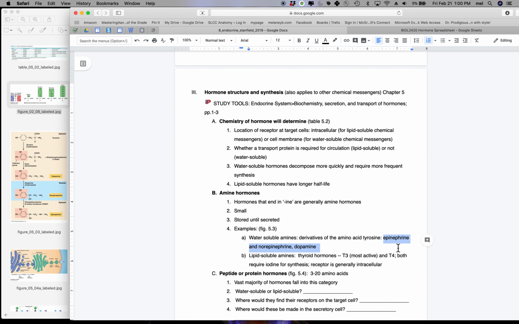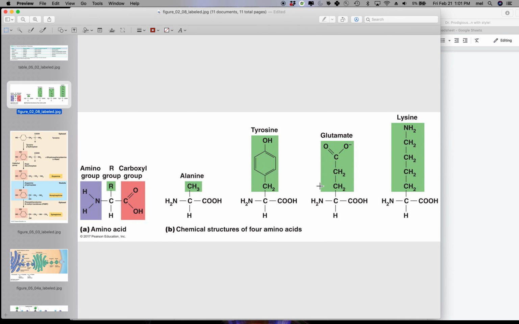So for instance, epinephrine, norepinephrine, and dopamine. Please note that all 3 of those end in INE. That's telling you that they are amines. So these are relatively small hormones, meaning that if you were motivated to do so, you could count the atoms, okay? And they're stored until they're secreted.